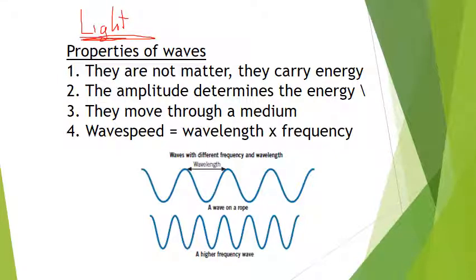But not that this has to do with him right now, but he came up with the idea that light was a wave. So what are some of the properties of waves? Well, waves aren't matter, but they carry energy. Okay, so if you have water and you drop a pebble in the water, it'll produce waves, and the waves will go up and down, and they move, okay, but the water doesn't move, right?